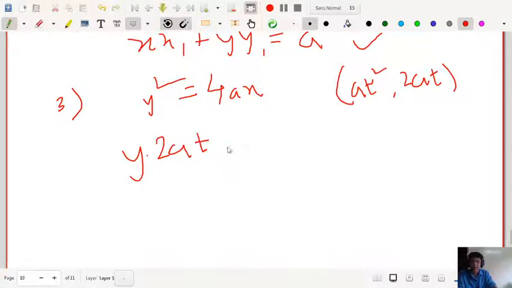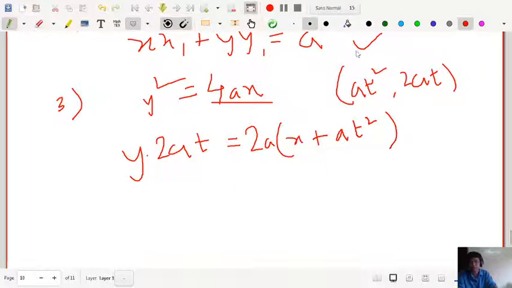Look at that. And 4ax will be halved, so 2a into x plus x1, a single term, where x1 is at square. So this is the equation of the tangent. If you simplify, the 2a gets cancelled, and you will get the equation of the tangent same as previously.